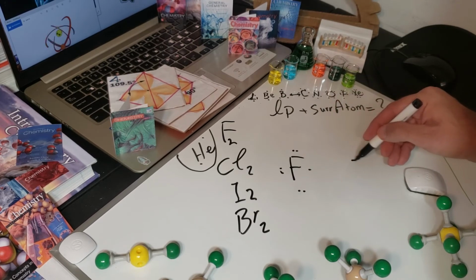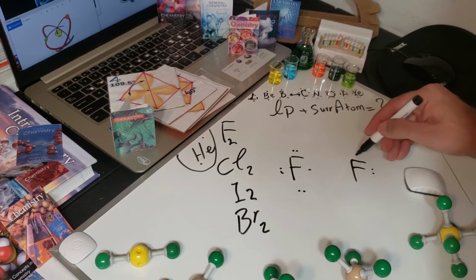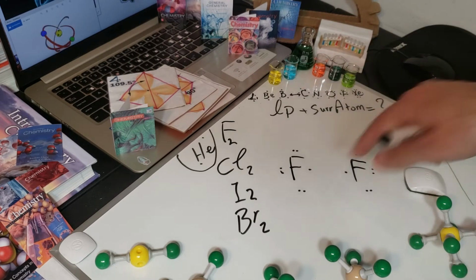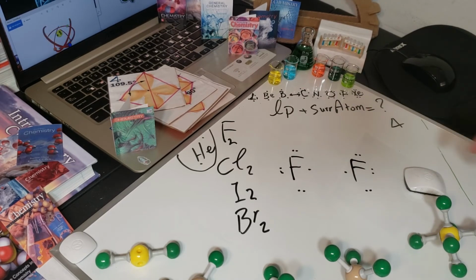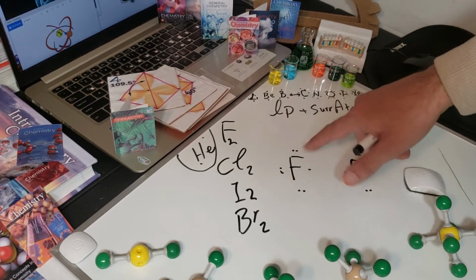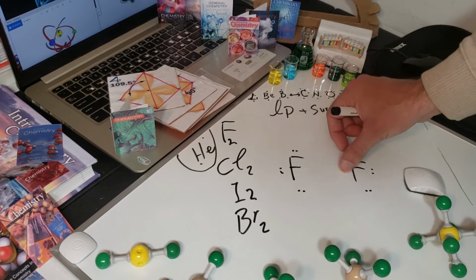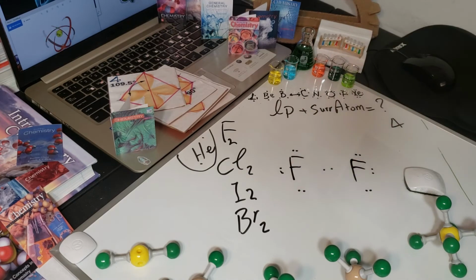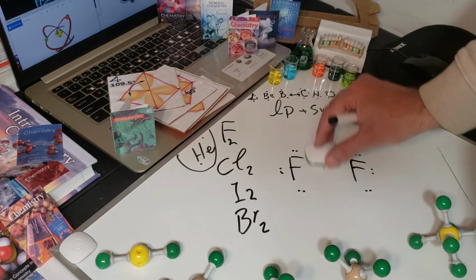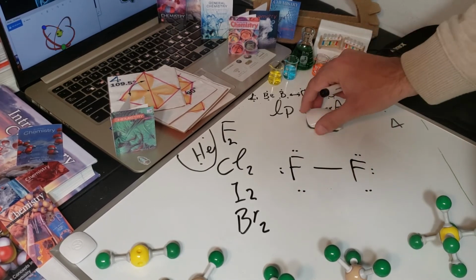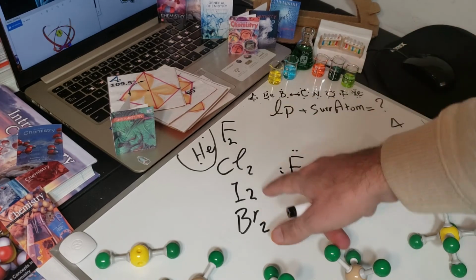If you just replace the F with chlorine or bromine or iodine, that would be the exact same structure, okay? So fluorine has 7 electrons, and it only has one single reacting electron, so if I just share this one, each fluorine would now have 8 electrons in its valence shell, and there is a single bond between the two. That's the case for chlorine, iodine, bromine.